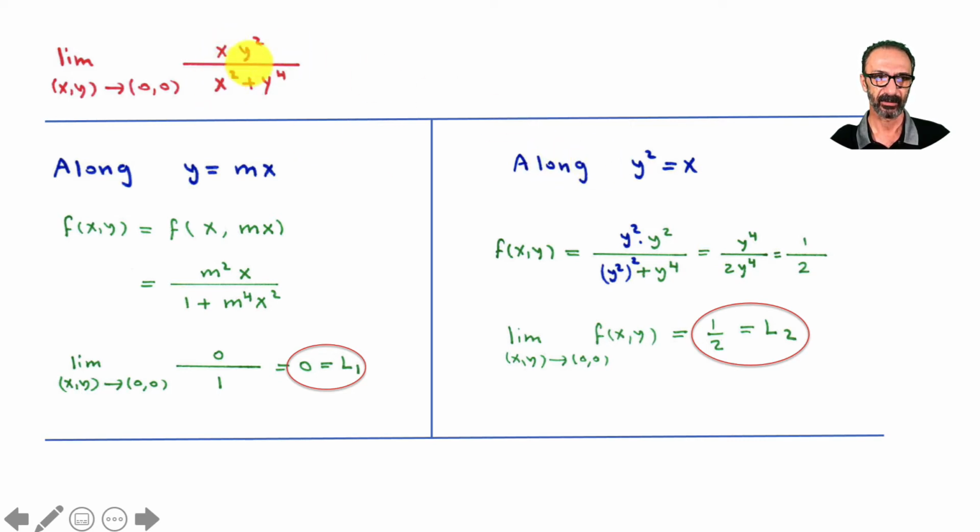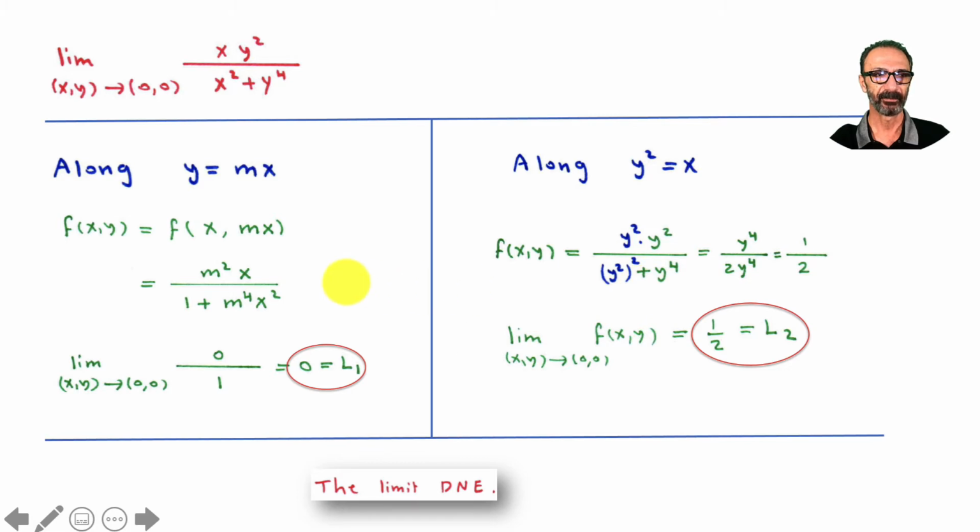Look at this, and if you replace x with y to the second, this is going to be y to the second. I could combine them, which is right there. It reduces to half, because y is approaching 0, it does not equal 0. The limit is half, but it's different than 0. Case closed, the limit does not exist.